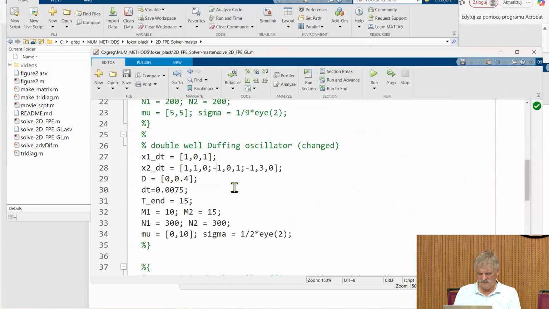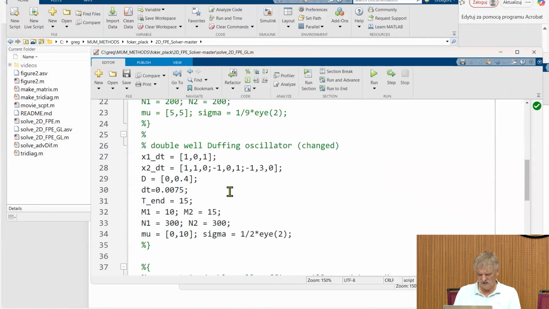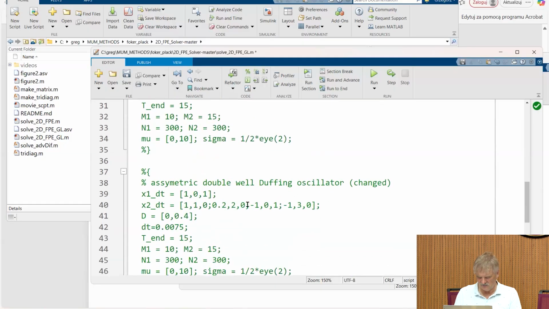However, if you make some change, for example, we have a double well oscillator, but this double well oscillator is a non-symmetric double well oscillator. So I have another example, and I can make this in such a way.